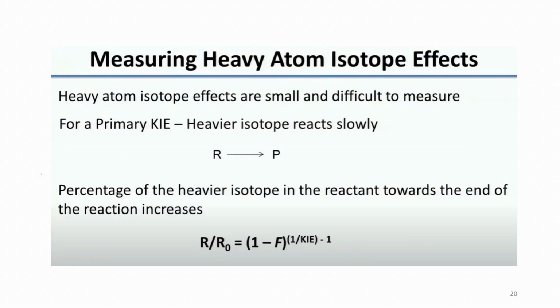What will happen in that case? Whenever a heavy atom gets replaced, then due to high mass there will be very little change in potential or vibrational energy. Therefore, in that case, the kinetic isotope effect will be very small.